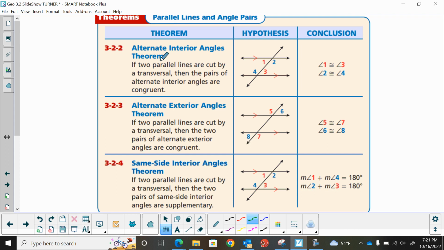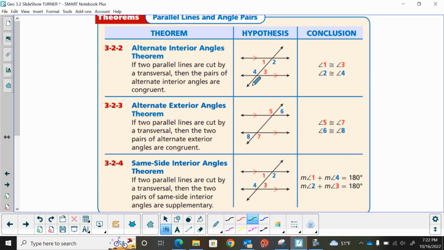Okay, so the alternate interior angle theorem states that if two parallel lines are cut by a transversal, then the pairs of alternate interior angles are congruent. Again, if you need to pause, write all this down, press play when you're ready.